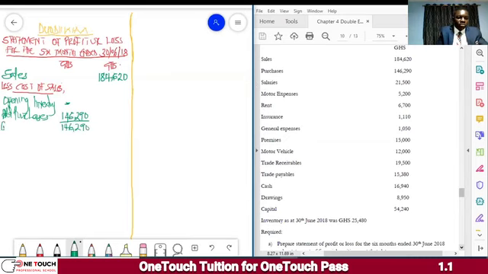This is the cost of goods available for sale, probably known as cogas. Cost of goods available for sale. Good.